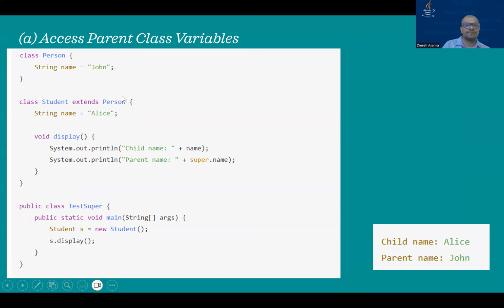I have extended the Person class to a Student class, where the variable is also name, and I assign a value. Even though I have extended this to a Student class, I have overwritten the value of the parent class.